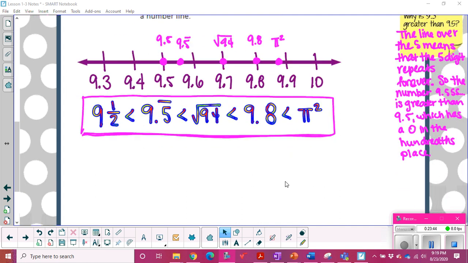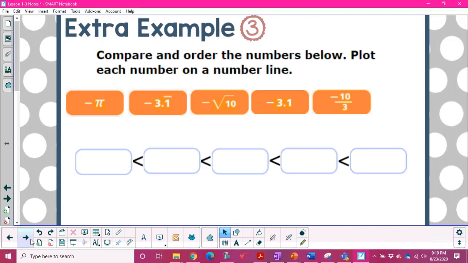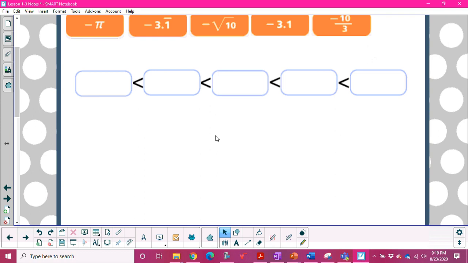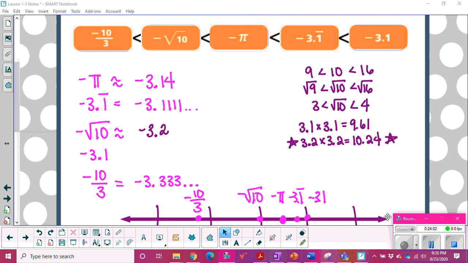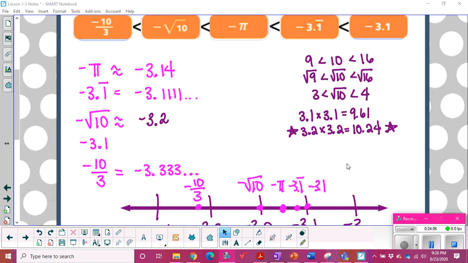Okay, so let's look at this one. I want you guys to try this one and then write these where they go in here. Show your work down here, and pause the video, do this by yourself, and then unpause and check your answer. Okay, so here's the answer for this one.